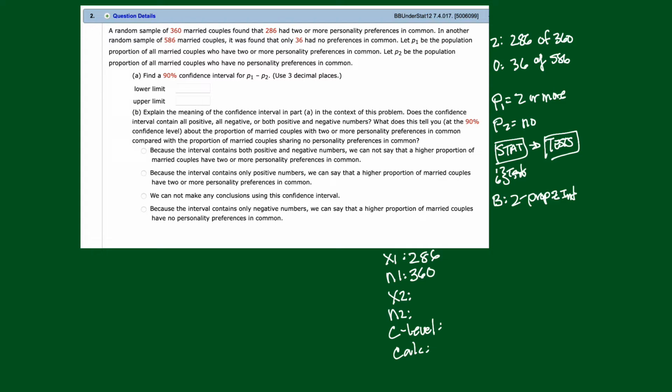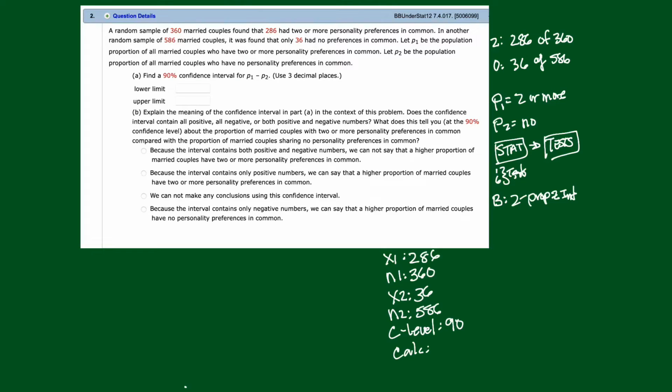Our x2, the 2 is the other population that has none, and that's going to be 36 out of 586. And our confidence level is 90%, so 0.90 or just 90. Let's get those numbers in.